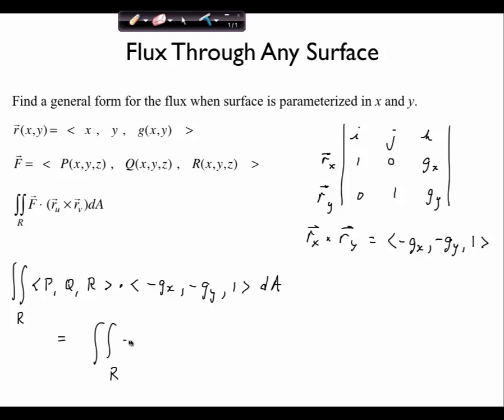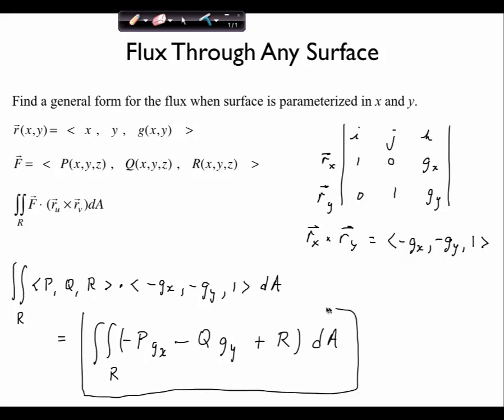We get minus P times the partial of g with respect to x, minus Q times the partial of g with respect to y, plus R, dA. So whenever you're parameterizing your surface in terms of x and y, you can just jump right to this as the flux and bypass all that stuff, because that cross product will be the same every time.